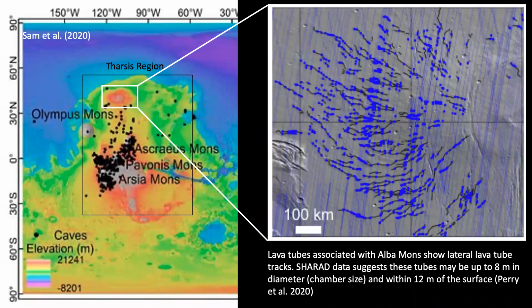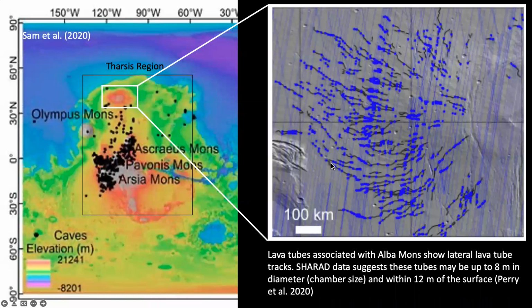Both those instruments were designed to actually look for water in the subsurface on Mars, but they've also been used to understand more about these lava tubes. And so if we look at Alba Mons, which is this enormous shield volcano, you can actually see the lava tube tracks. That's what the image on the right-hand side shows, along with their entrances.